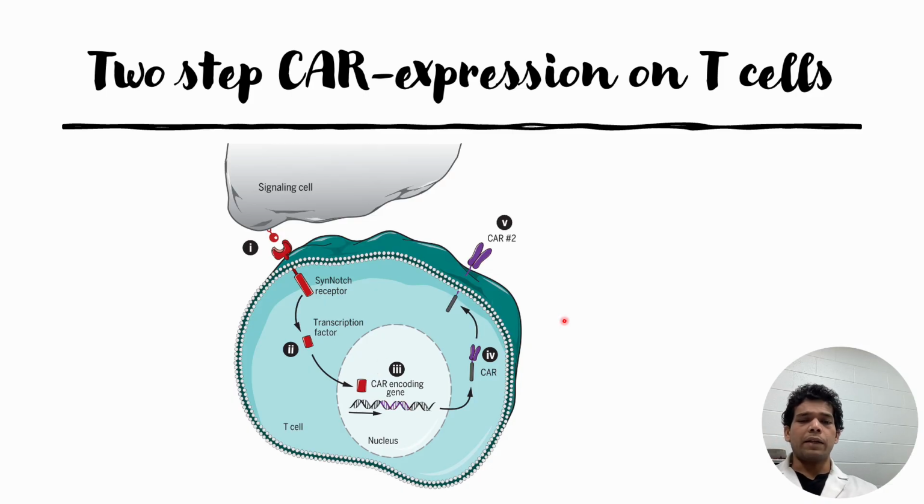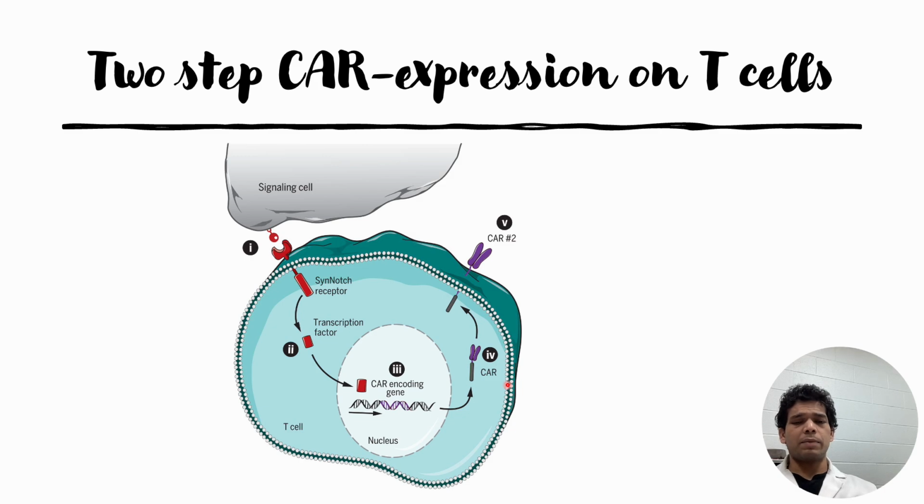And one more thing that the researchers presented along with this figure is to control GVHD, that is graft versus host disease. In that case, what they are suggesting is to engineer T cells so that they become sensitive to small molecules. The example that the researchers provided is the inducible Cas9.